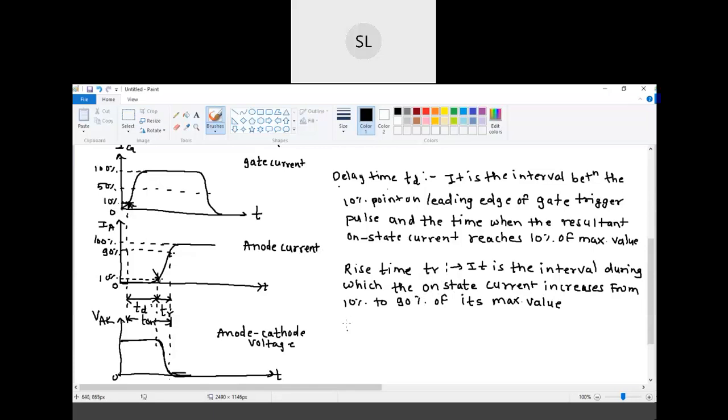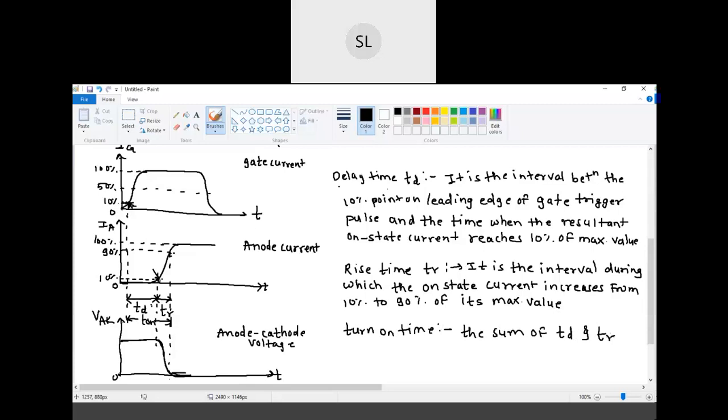Okay, so this turn on time, it is nothing but what? It is simply the sum of delay time and rise time.